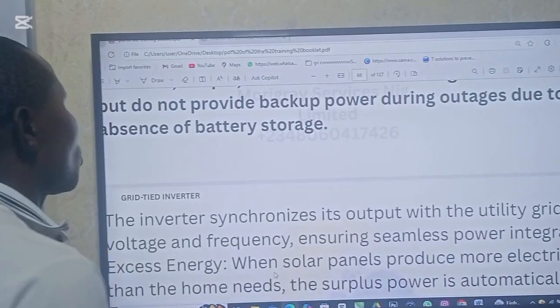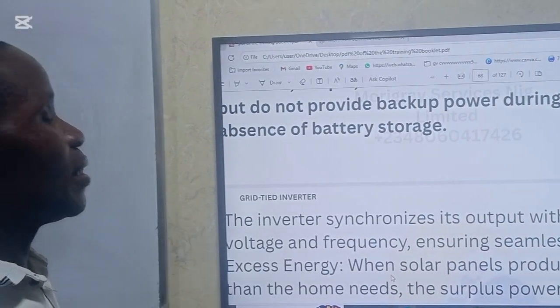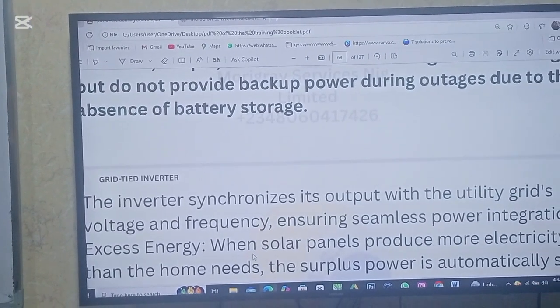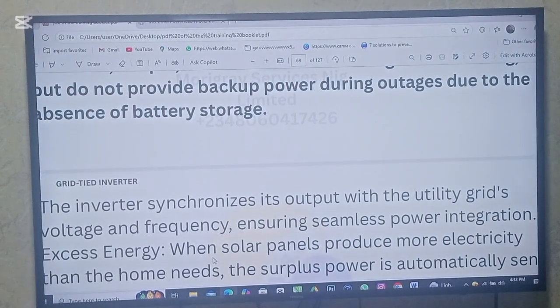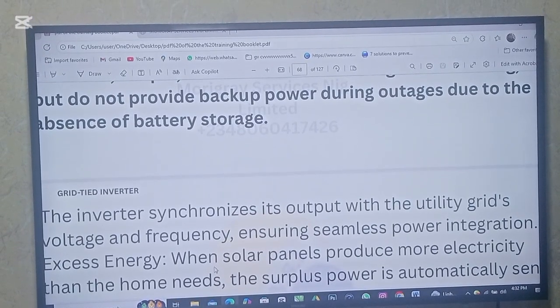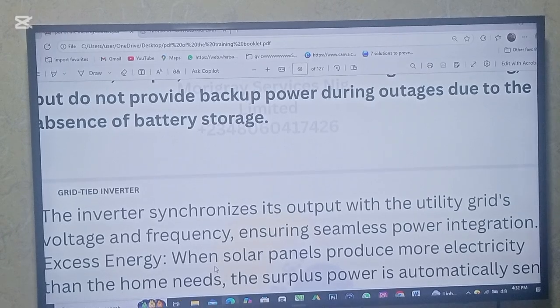Now, when we talk about the grid-tied system, the inverter synchronizes its output with the utility grid voltage and frequency, ensuring seamless power integration.